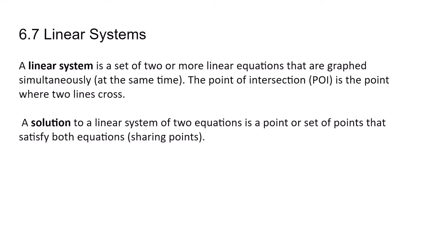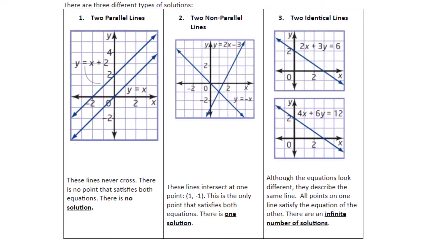A solution to a linear system of two equations is a point or a set of points that satisfies both equations. Now, there are three different types of solutions. In the first example, if we have two parallel lines, then these lines technically will never meet.